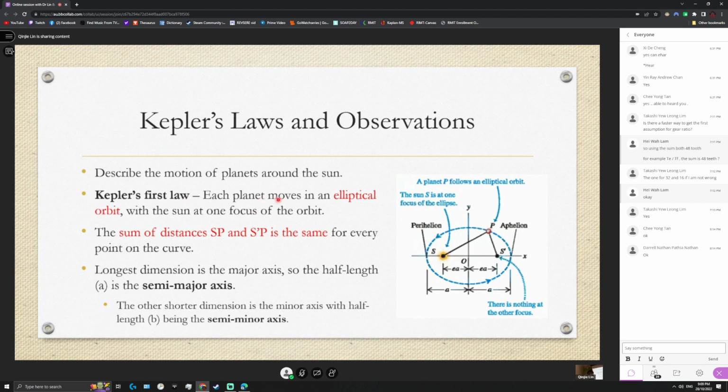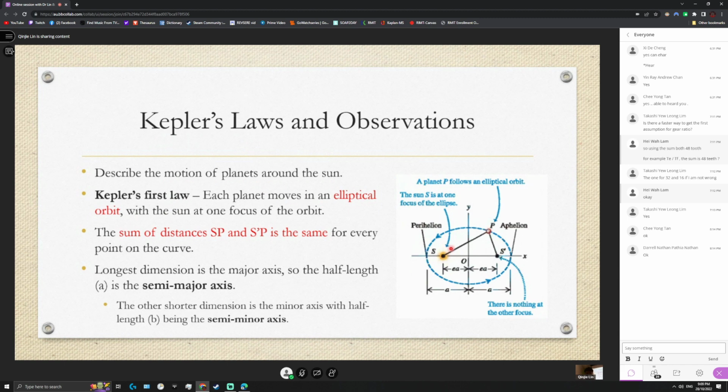First law: each planet moves in an elliptical orbit with the sun at one focus point of the orbit. That means if you look at this diagram here, let's say this S is the sun. You know planets move around the sun, right?